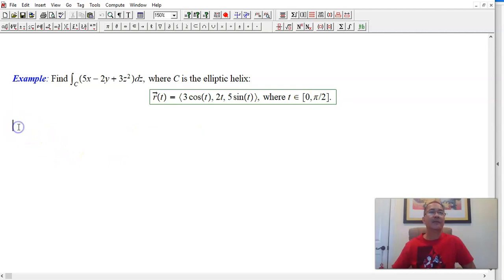Now it's a sentence. Okay, so if you recall when we did contour integrals with respect to arc length, we had a magnitude of r prime of t, and I didn't point out that that didn't show up for this contour integral, which means that we don't have a pesky square root to deal with unless it's somewhere in the function.